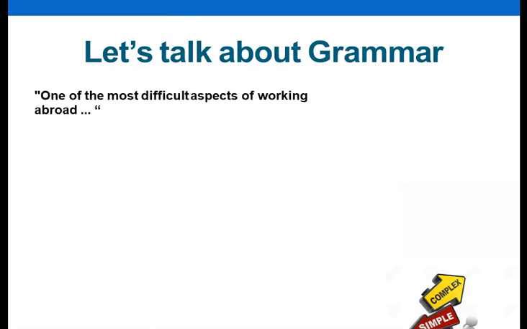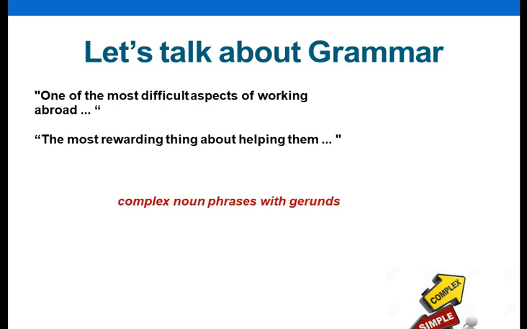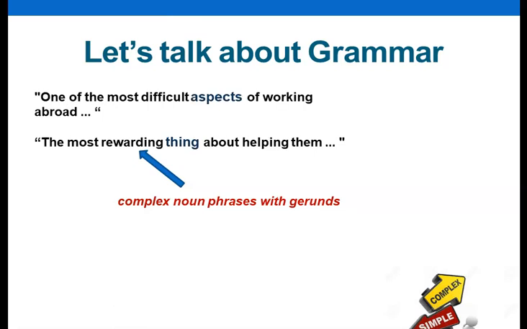But let's have a look at this from the position of grammar. Let's take these two combinations. One of the most difficult aspects of working abroad, the most rewarding thing about helping them. These are examples of complex noun phrases with gerunds. How is that possible? And how do we identify what a complex noun phrase is? Well, first of all, if it is a noun phrase, it should have a noun. And here it is, aspect and thing.